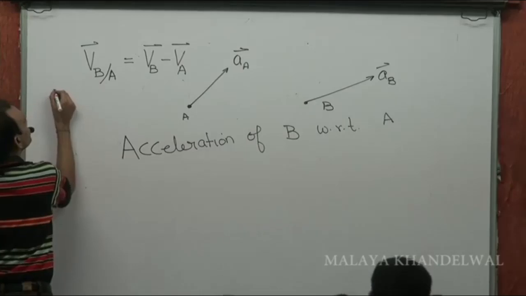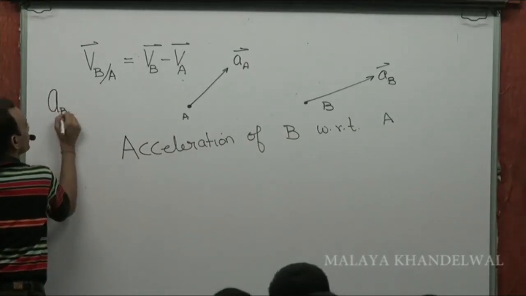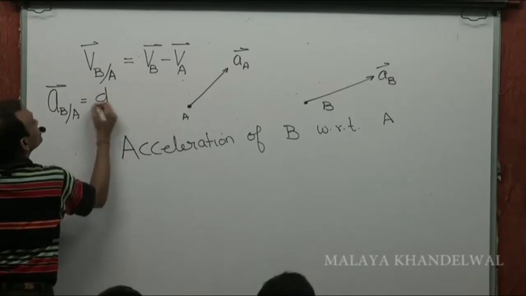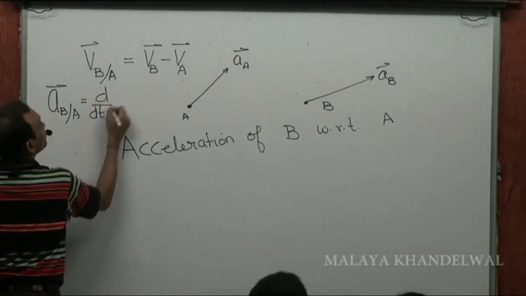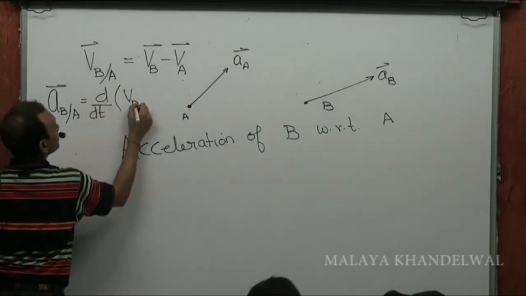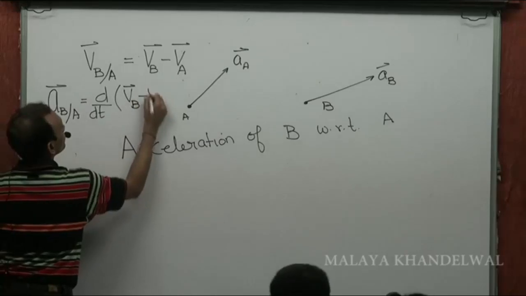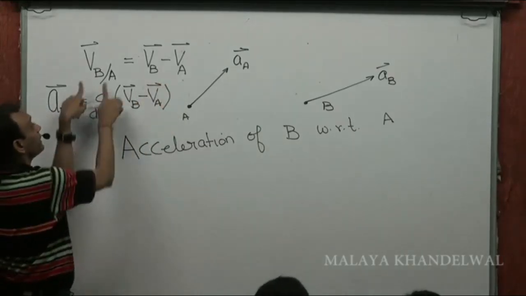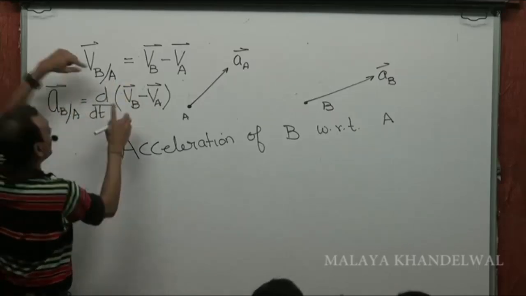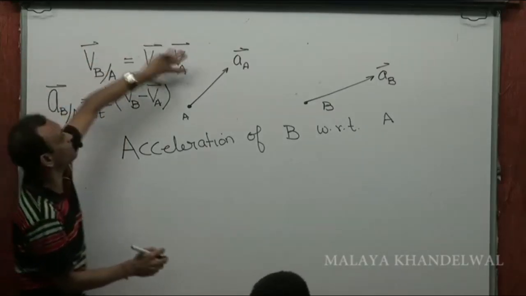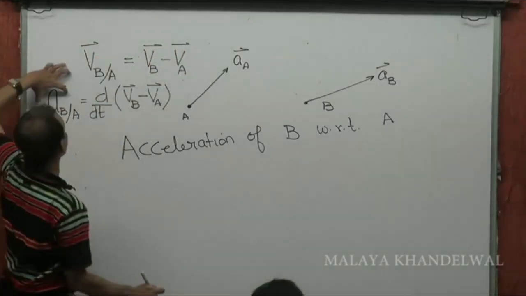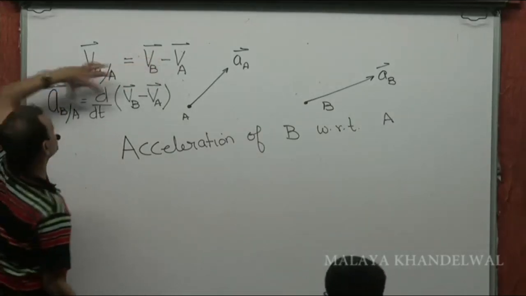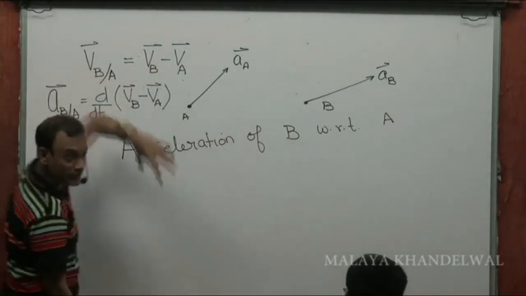So the acceleration of B with respect to A would be obtained as d/dt of VB minus VA. Yes or no? That'll give me acceleration of B with respect to A, d/dt of this. That means d/dt of their relative velocity will give me relative acceleration. Rate of change of relative velocity will give me relative acceleration, right?